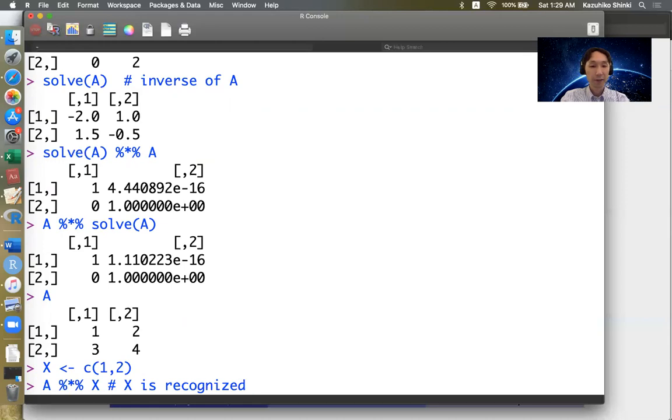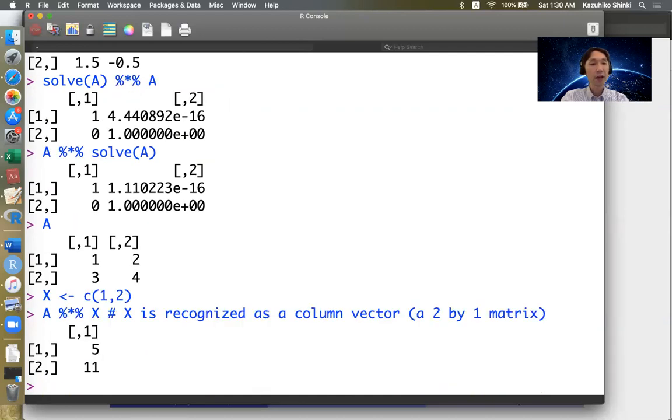a column vector, or I would say a 2 by 1 matrix. So this is 5, 11. You can see the inner product of the first row of A and X. That is 1 times 1 plus 2 times 2, so that is 5.